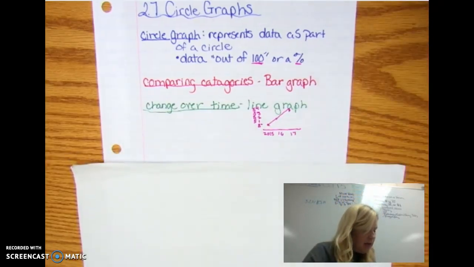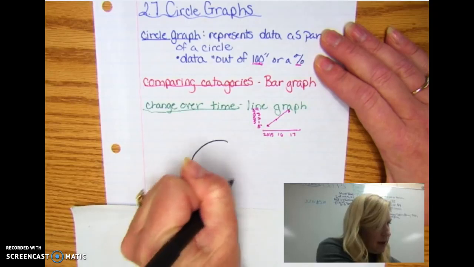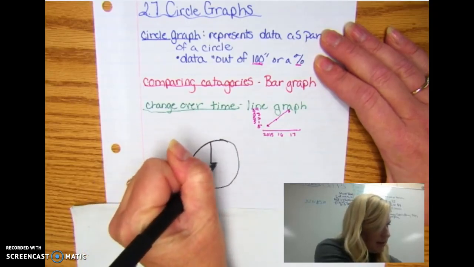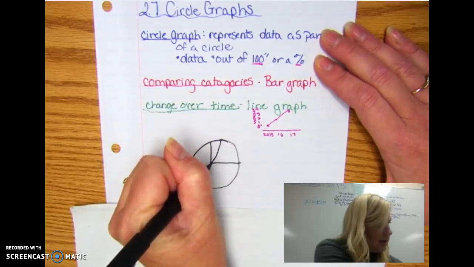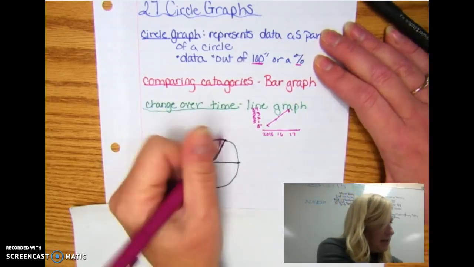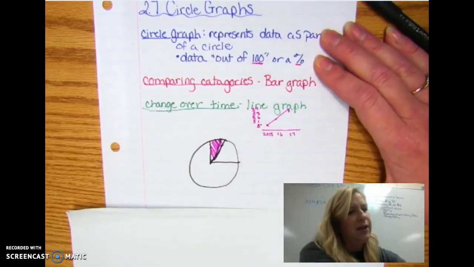So in your book there is a circle graph, and forgive my artwork, but I am going to go like this, and then I'm going to go like this. There is a way you can actually figure out angles. I'm not going to go into that today. We're just going to go with overall visuals here.